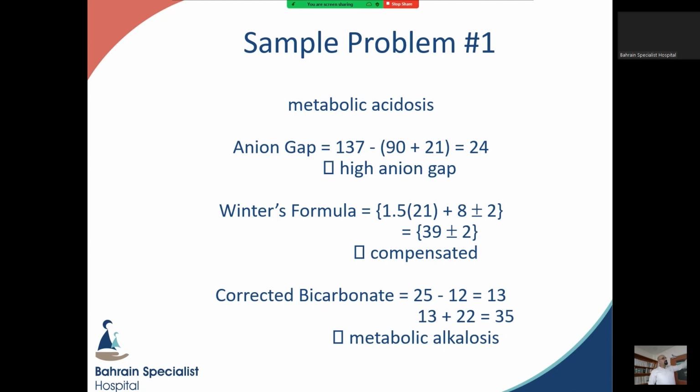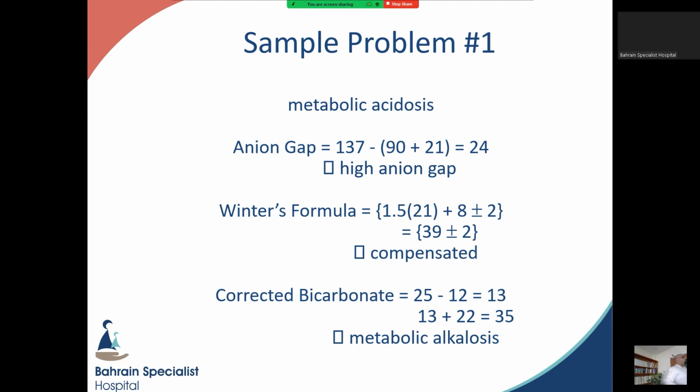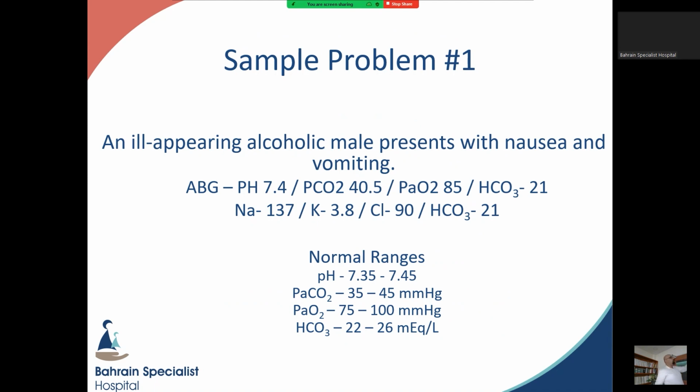So here, in this case, we are talking about a mixed acid-base disorder. So this is the way I came to know. What was the first step? Anion gap, Winter's formula as it's acidosis. Then the corrected bicarbonate. So this is alcoholic, with nausea and vomiting.